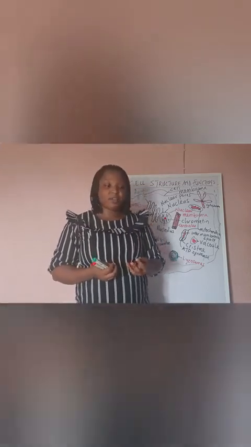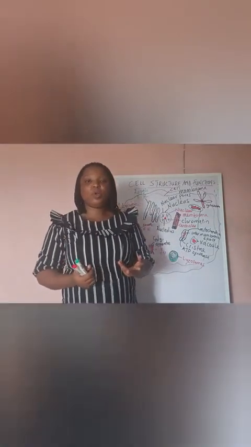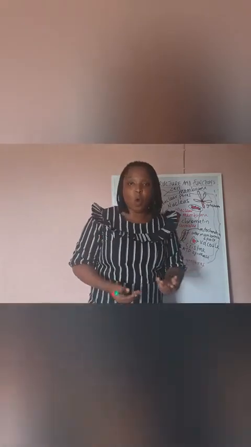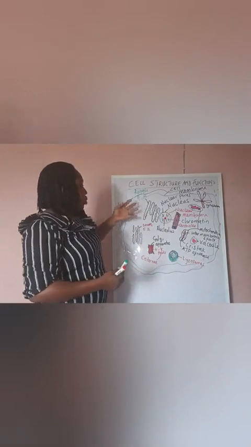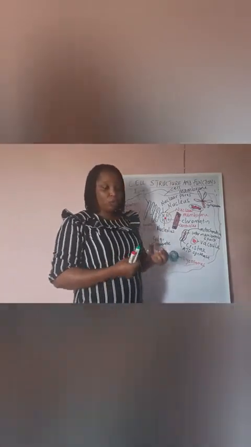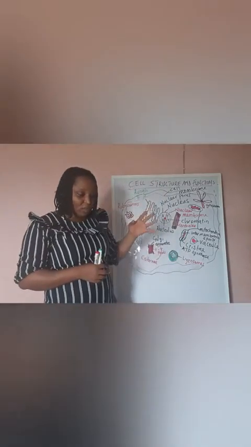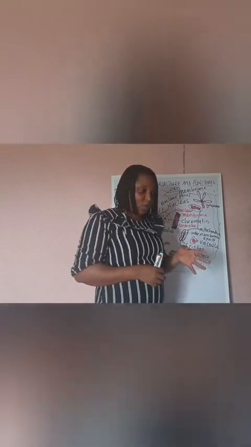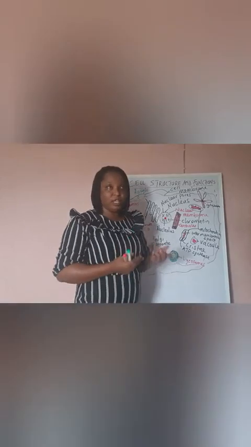And also we have starch granules that are used to store starch. And also we have the cell wall. The cell wall is present in plants, and it gives rigidity to the cell. So we can see how the structure of a cell will determine the functions of the cell.